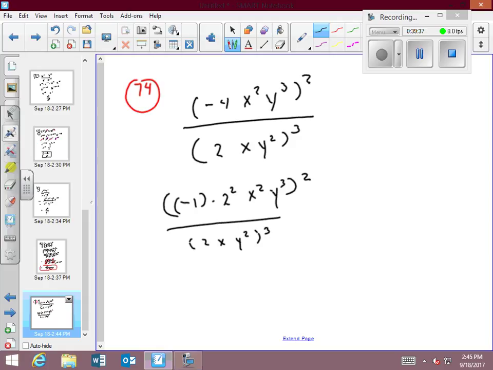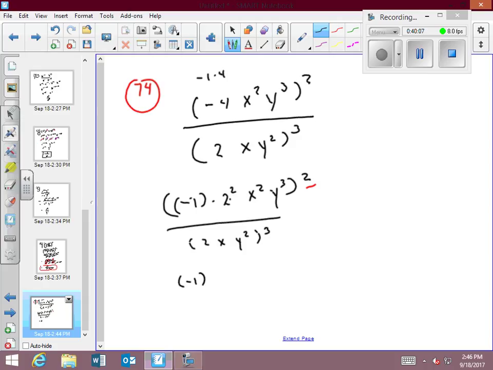Now then, I'm going to deal with this 2. What do I do across the top? I go minus 1 to the what? Where'd you get the minus 1 from? In 74, it's a minus 4. So a minus 4 is a minus 1 times 4, and then that's a minus 1 times 2 squared. Okay?